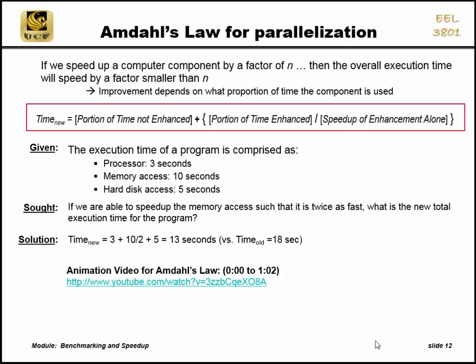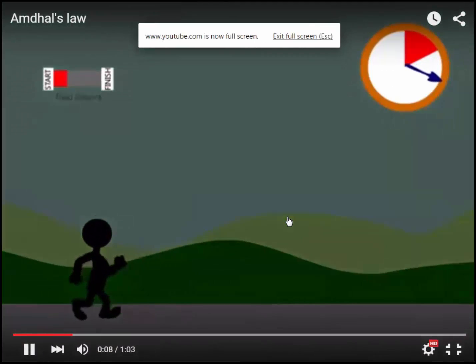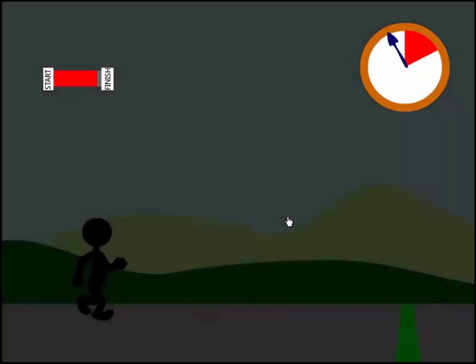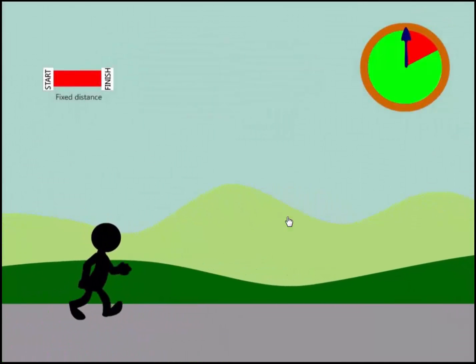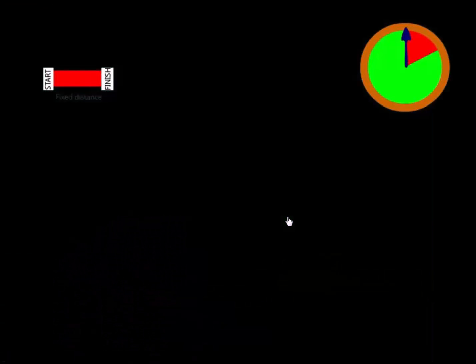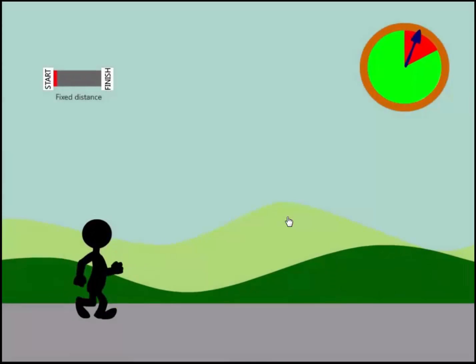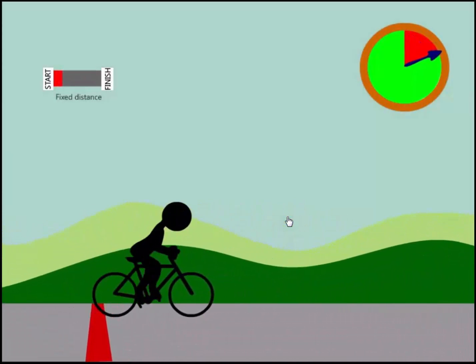Amdahl's law, this is a time formulation, and now we're going to make it an equation, which is really cool. But let's start with this 1-minute video. So what's going on here? This guy has a job to do. He has to get from point A to point B, and the time is broken into different components. He has to walk to the start line, and now he's made an improvement.